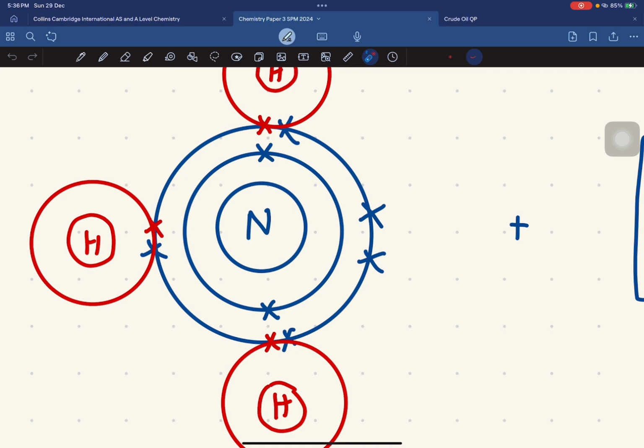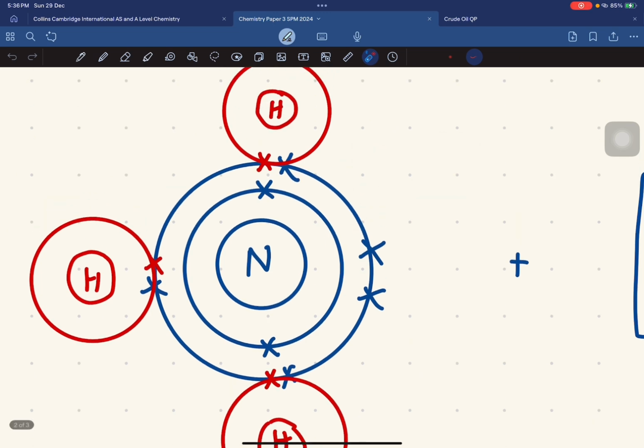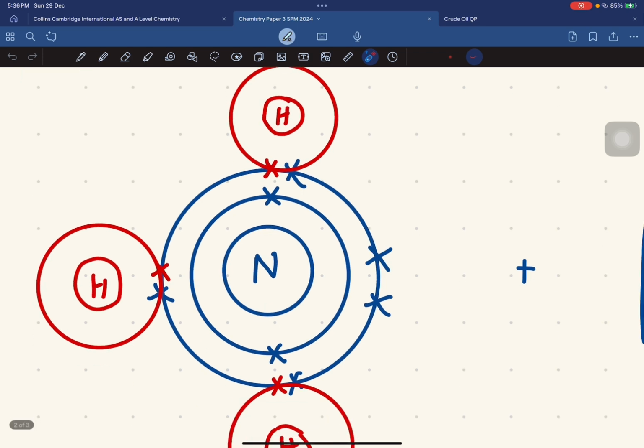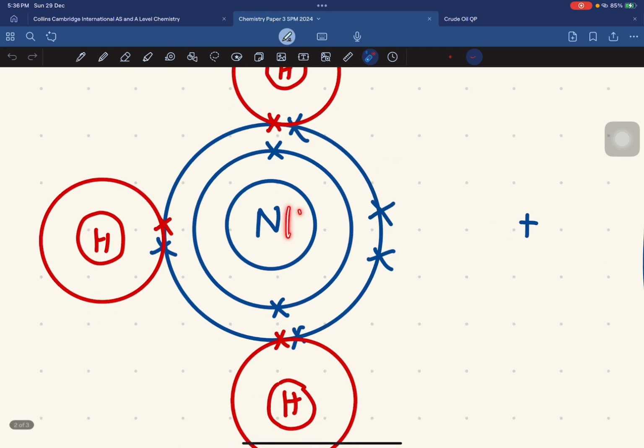We have 7 electrons, which is equivalent to 7 protons. And when it forms covalent bonds with the hydrogen atoms, the number of electrons increases by 3: 1, 2, 3. So right now we have 10 electrons, which is equivalent to 10 protons. So in this structure we have 10 protons and 10 electrons.